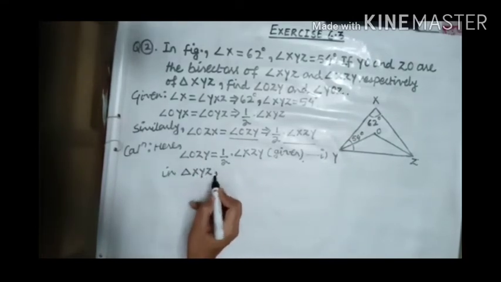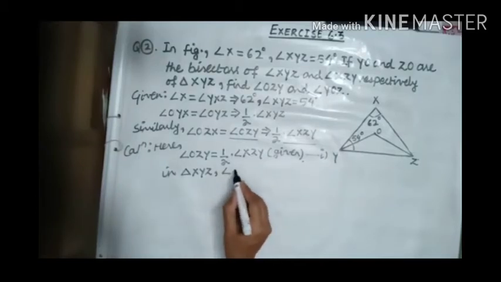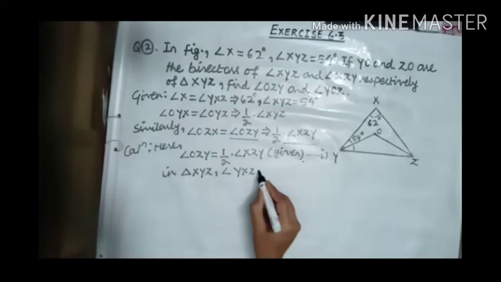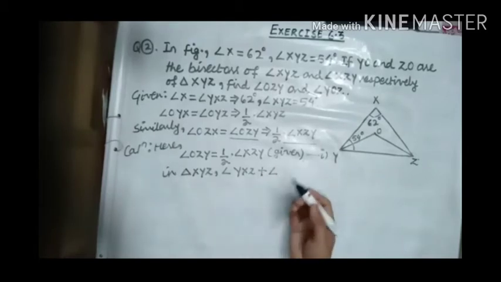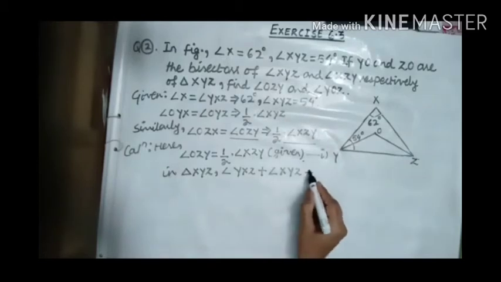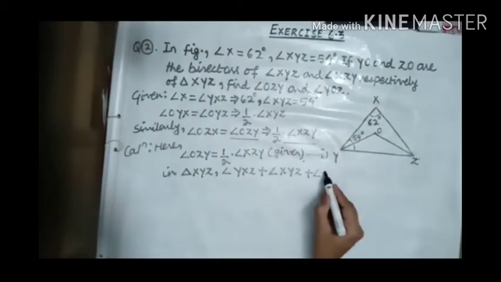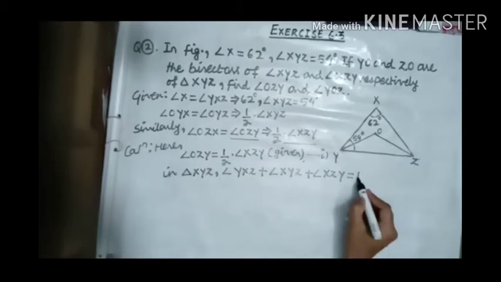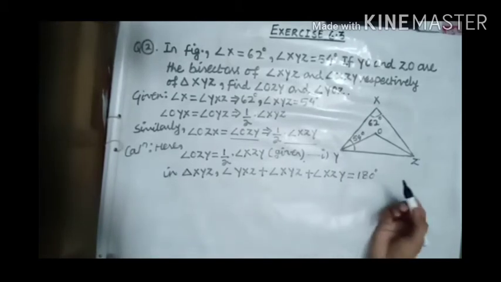XYZ we have angle YXZ plus angle XYZ plus angle XZY equals 180 degrees.